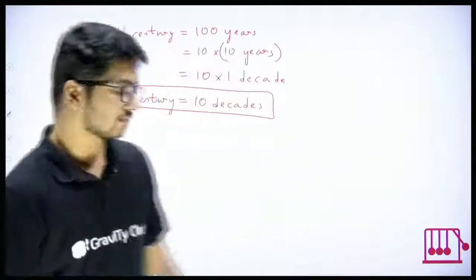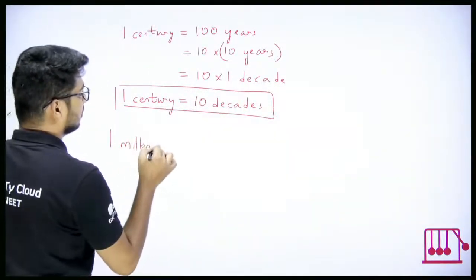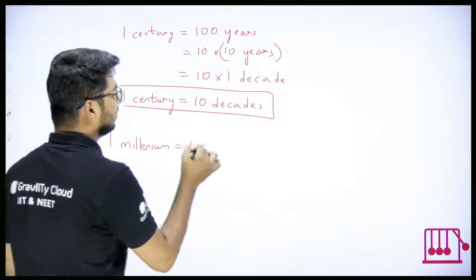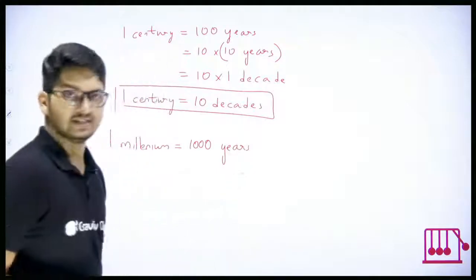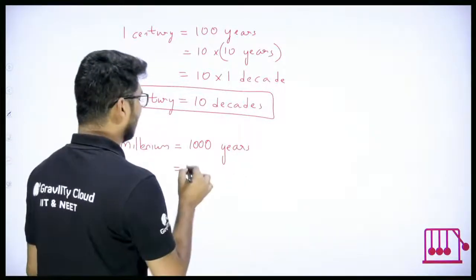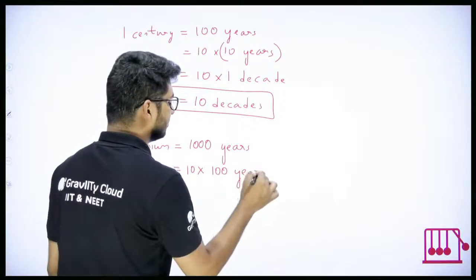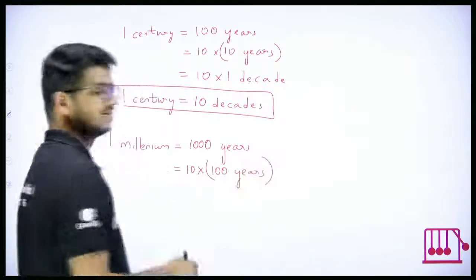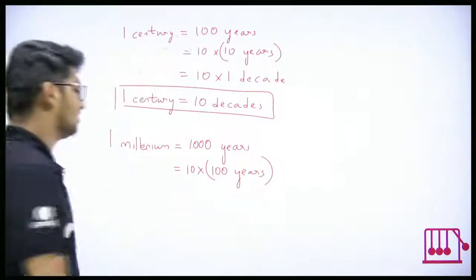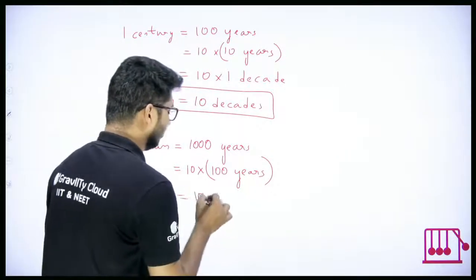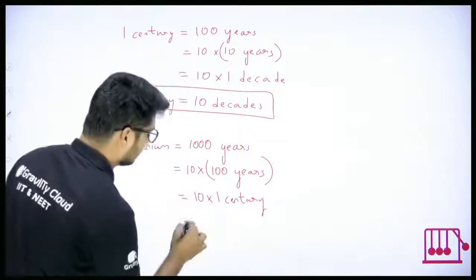Then we are talking about 1 millennium. What is 1 millennium? 1000 years. But 1000 can be written as 10 into 100 years. What is 100 years equal to? 1 century. So it can be said that it is equal to 10 into 1 century. 10 into 1 is 10.